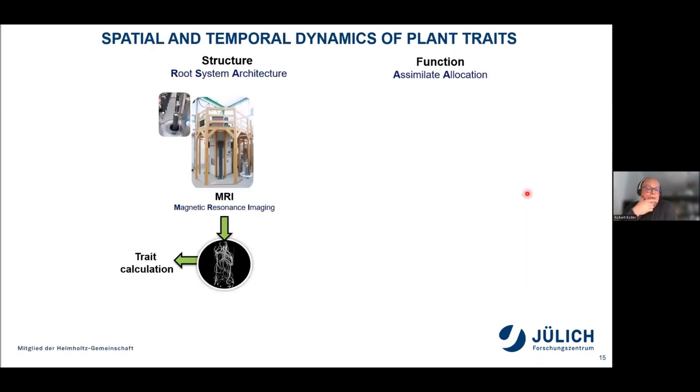These examples give you a good overview of the structural information that we can obtain using MRI. On the other hand, of course, we are quite interested in the functioning of plants. Our aim here is to visualize and quantify assimilate allocation, so recently fixed photosynthates and how they are distributed in the plant shoots.